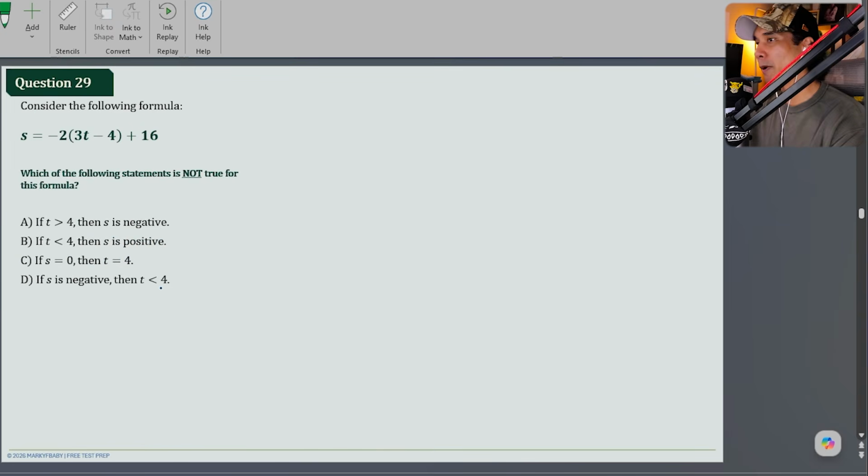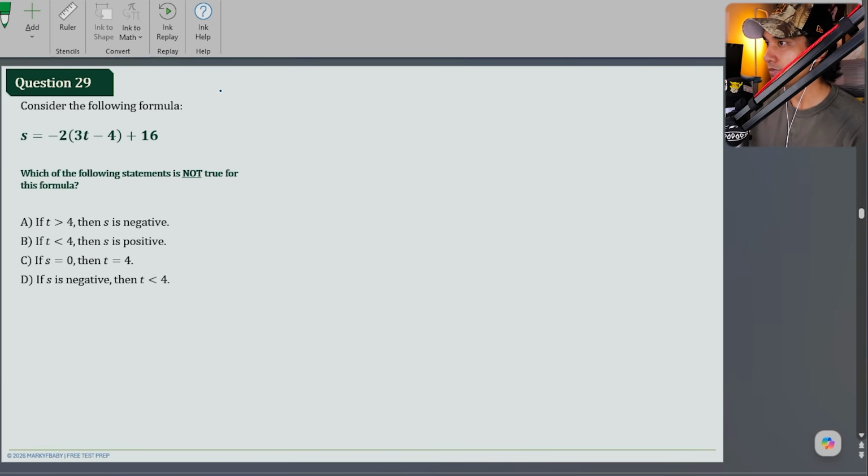29. All right, we're back to the if-then statements, and this one is disgusting. Consider the following formula. Why is this disgusting? Because we have "not true." So we have to test all the statements here for not true. We're looking for something that's not true. We're going to find 3 statements that are true. The first thing I would do is simplify, just like the other formula that we did.